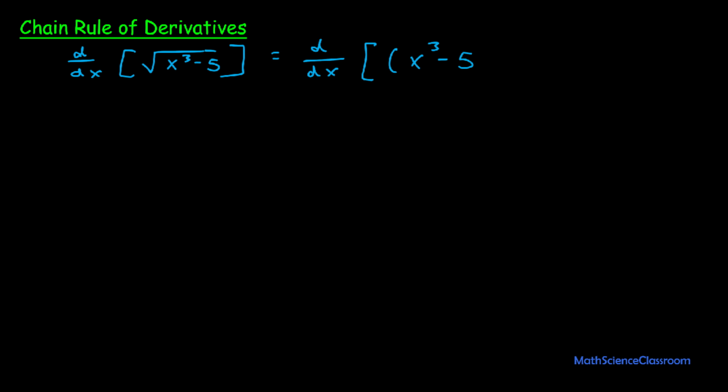So now let's take what we've learned and apply it to some problems. First, d dx of the square root of x cubed minus 5. It's the same thing as d dx of x cubed minus 5 to the 1/2, so we can apply the power rule.